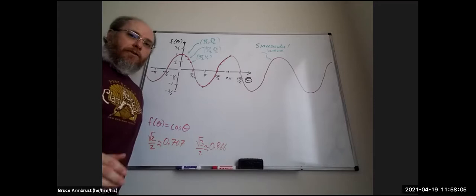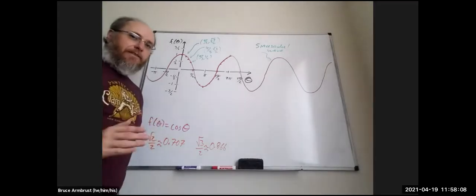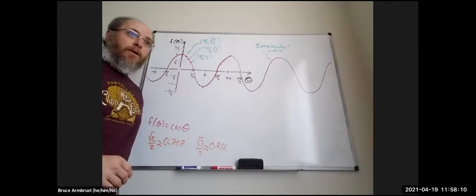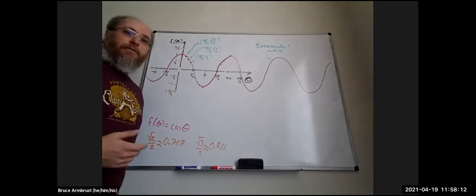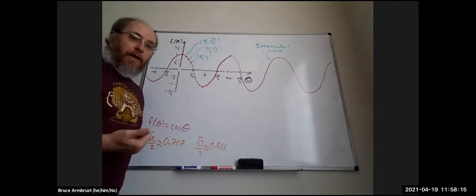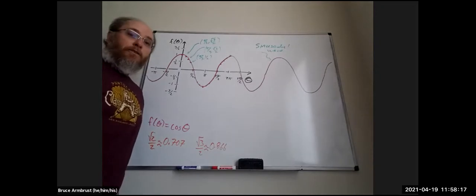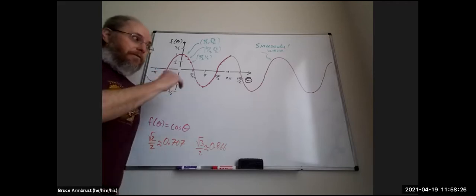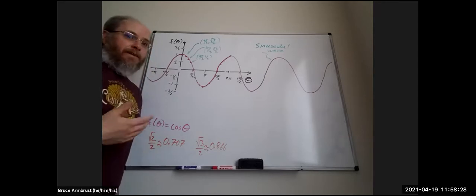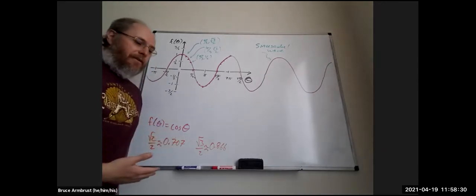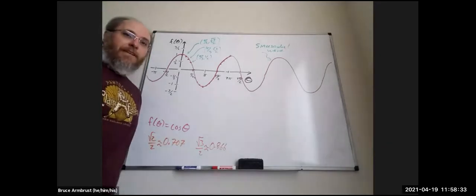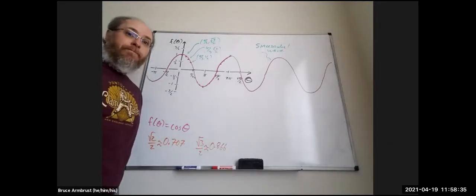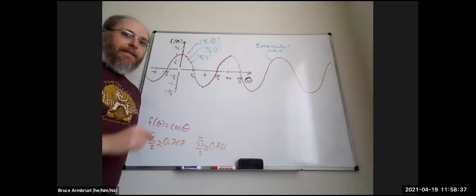For those of you going into the sciences, like physics or engineering, you use this for physical waves, like ocean waves, waves on the lake. But you also use it for sound, because sound travels in waves. You also use it for light, because light travels in waves. We use this for all kinds of things because of the wave-like nature of life. There are so many things that are periodic, that repeat regularly, that lead to this kind of thing.